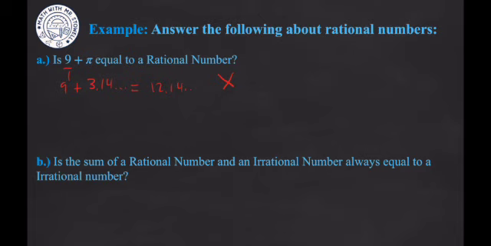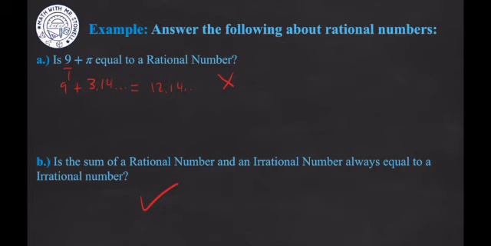And the answer is, if we take a rational number, a ratio of two integers, and add it to an irrational number, it's going to follow the same pattern. Okay? So is it always irrational? Yes, it will. If you can find one example where it doesn't, then that would be a way of showing that it is not irrational. We just had to find one example. But a rational and an irrational is always irrational.